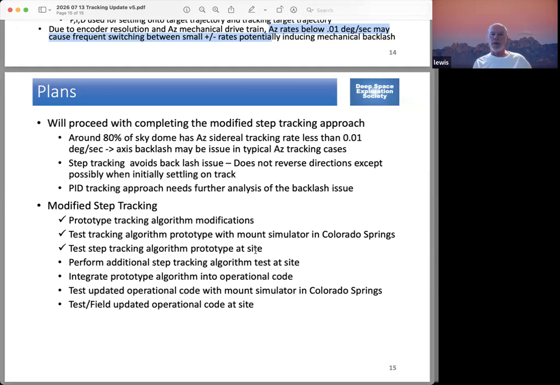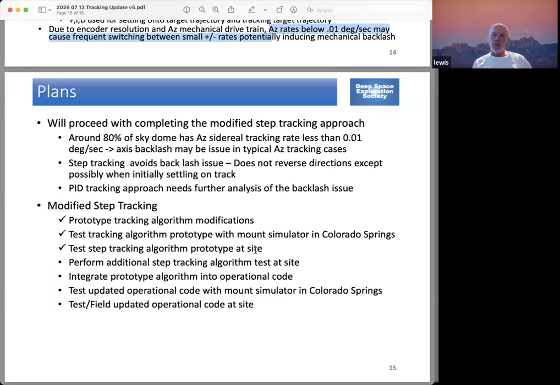One note about step tracking, it really avoids the backlash issue. The steps are always in the same direction, except, actually there are two cases. Roger pointed out the other case. When your azimuth gets close to 180, the elevation switches from going one direction to the other. But that's like a one-time only switch when you cross the meridian.